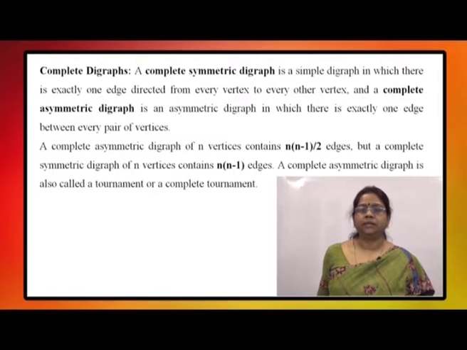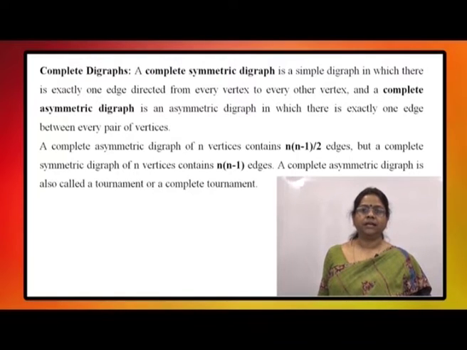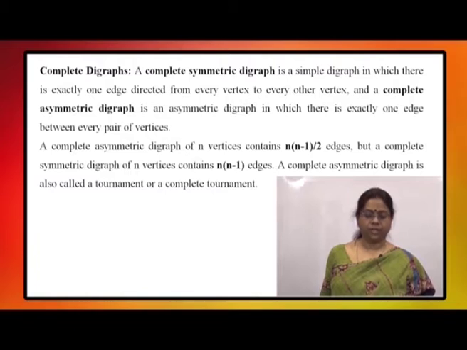So, in a complete symmetric digraph of n vertices, we can have n into n minus 1 edges. This complete asymmetric digraph is also called a tournament or a complete tournament, because in this representation of digraph, we can see a number of teams playing games like football.